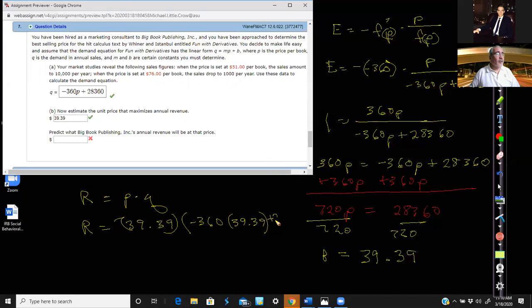And then we add the 28,360. And we do this calculation. 360 times 39.39 gives us minus $14,180.40. Add to that the 28,360.